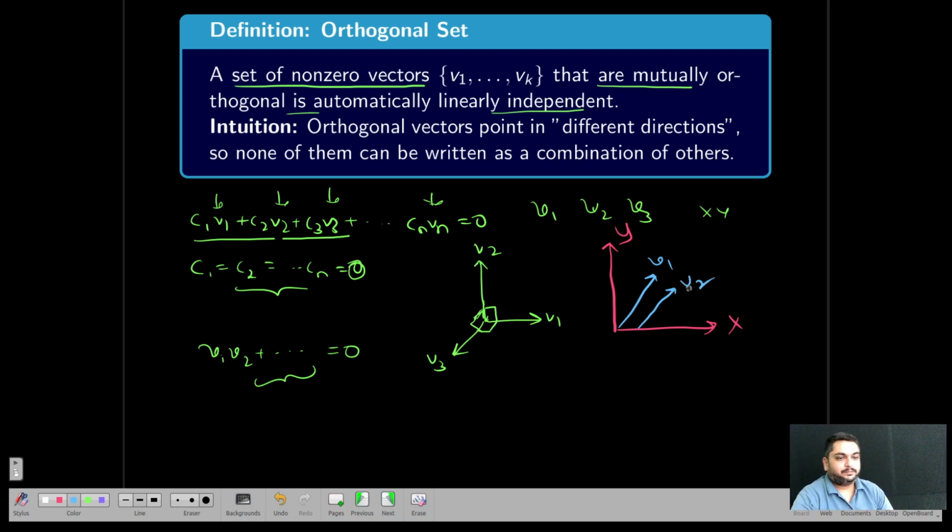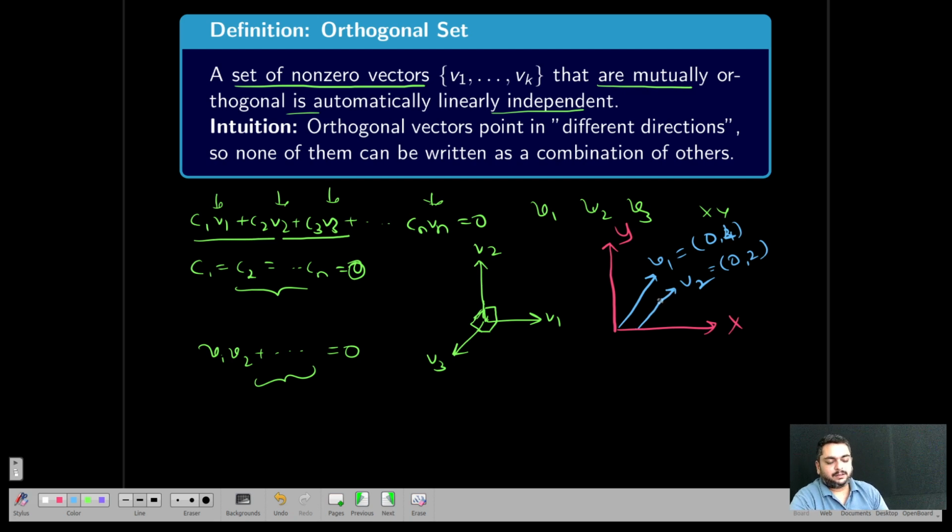Now if you observe here, this is, say, x is 0 and y is some value, say 3. This is x is 0, y is some value, say 2. So these two are the vectors. Now this is 4 and 2. Now if you observe, they are parallel to each other.